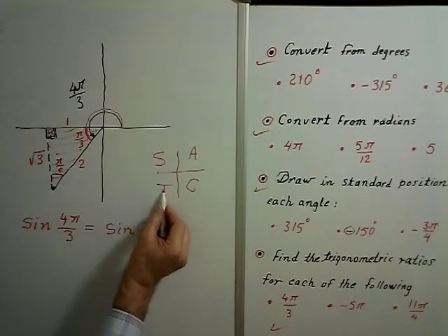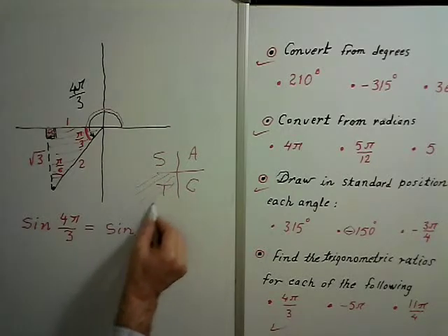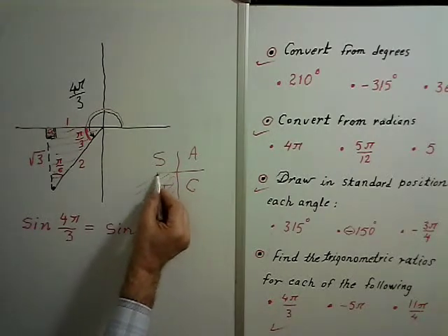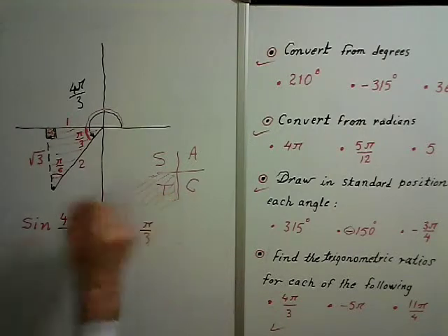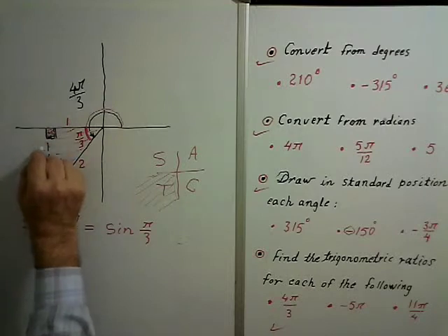In this quadrant, only tan is positive. T is tan. So sine will be negative, cosine will be negative. So this negative and this negative.